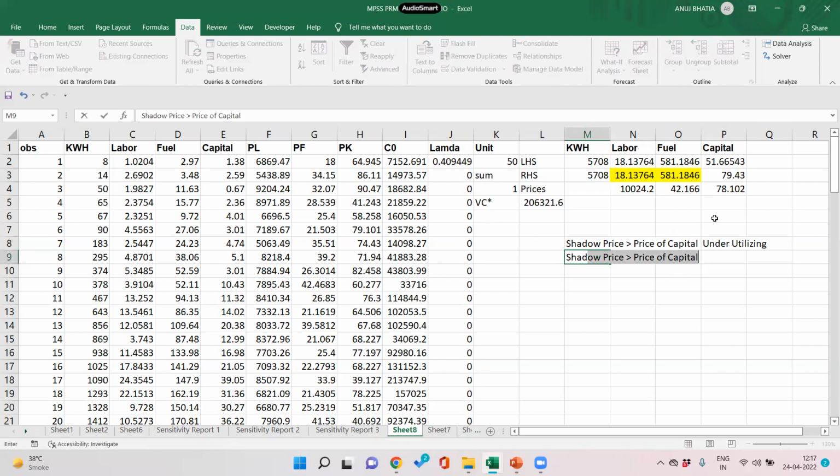So if the shadow price is less than the price of capital, then the firm is overutilizing its fixed capital. This is how you can generate sensitivity reports. Look at the shadow price, which is the opportunity cost for using an extra unit of capital. Thank you.